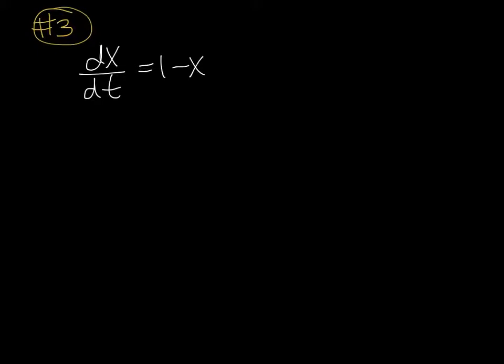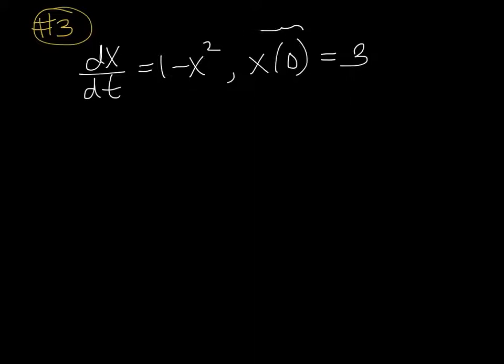Okay, let's try number 3 in your book. Number 3 says our differential equation is dx/dt equals 1 minus x squared. And we're given an initial condition, so x of 0 equals 3, right?